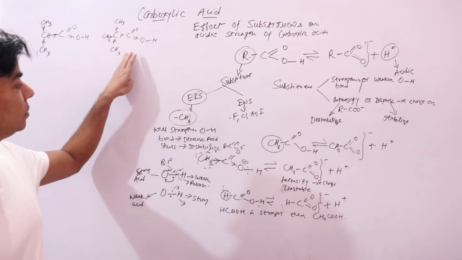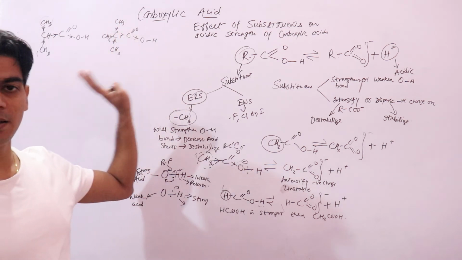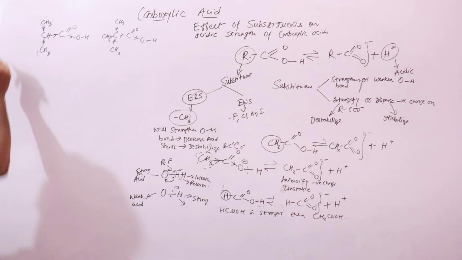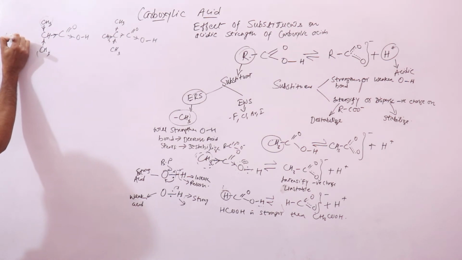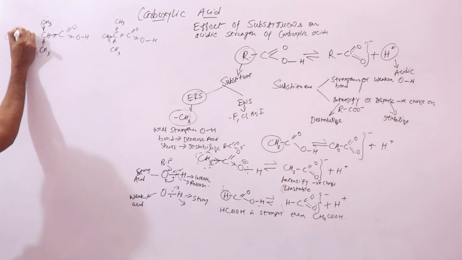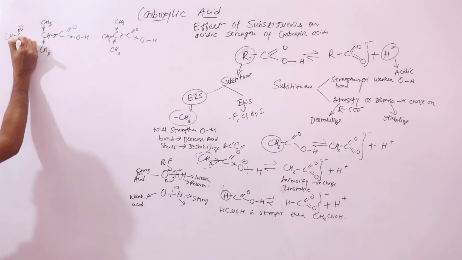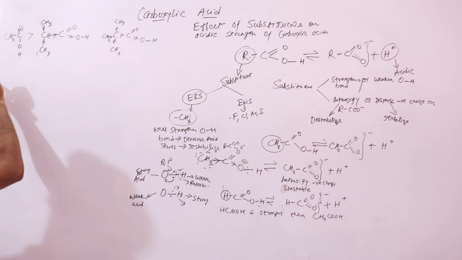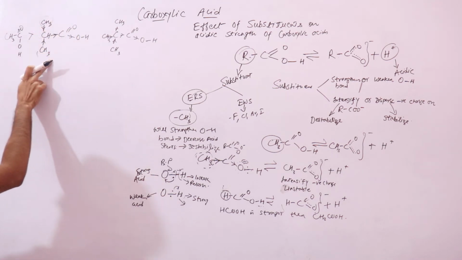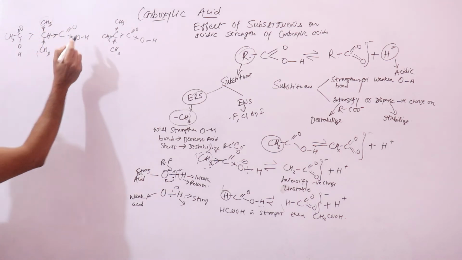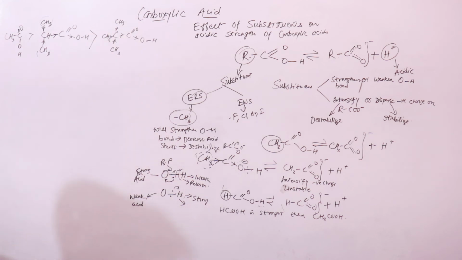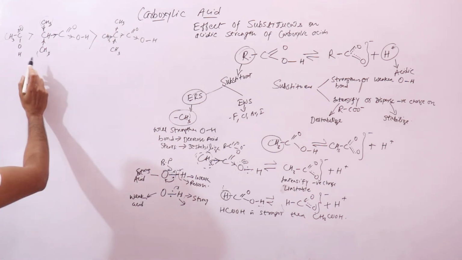Due to the presence of three methyl groups, this is the weakest acid, right? So if you compare acetic acid with these three, acetic acid would be the strongest acid, right? Then this acid and this acid are stronger than this acid, right? I hope this sequence is clear.